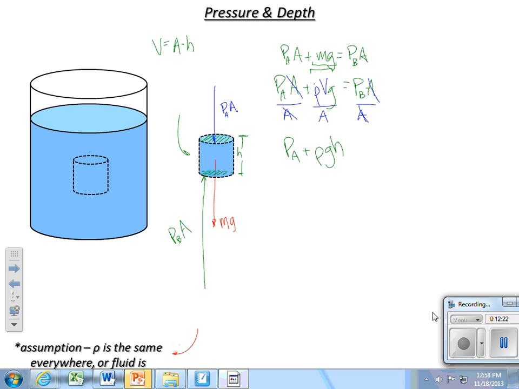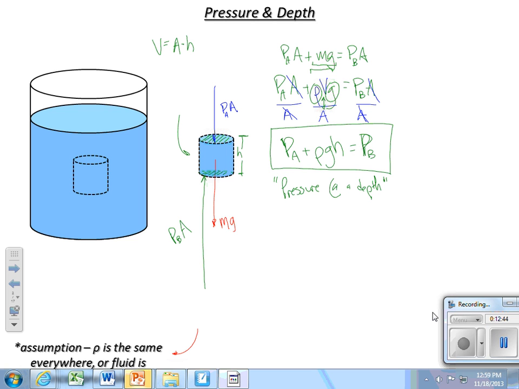Here's the rho, here's the g, and h is v divided by a. Is pressure below. That is an expression for what we call pressure at a depth.